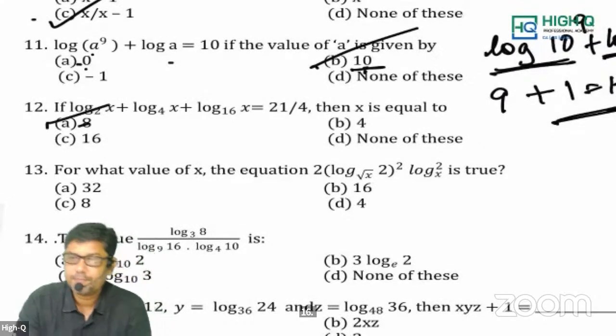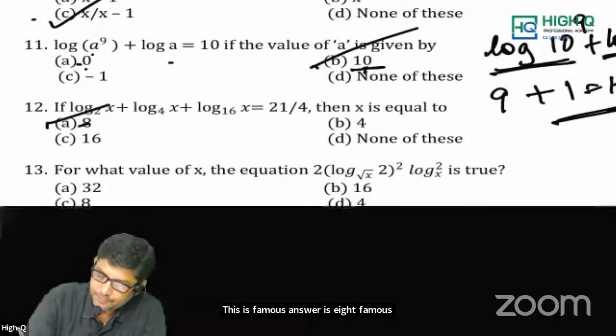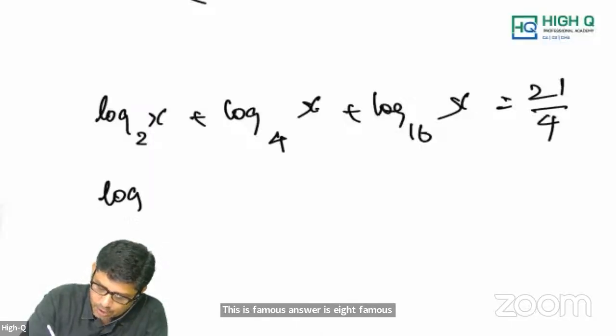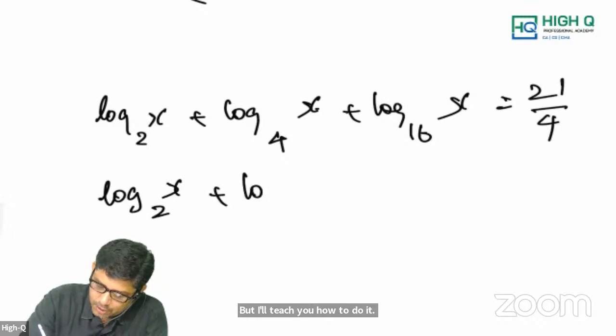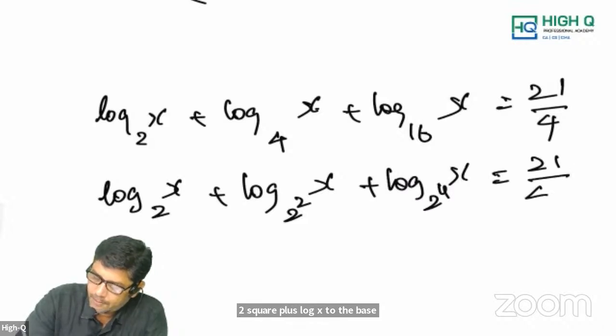Answer is 8. But I'll teach you how to do it. Can I write log x to the base 2 plus log x to the base 2 square plus log x to the base 2 power 4 is equal to 21 by 4, my dear?